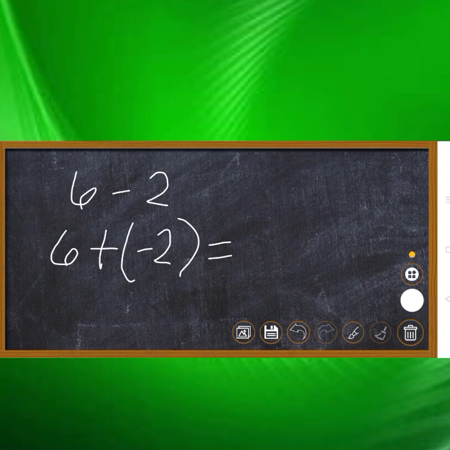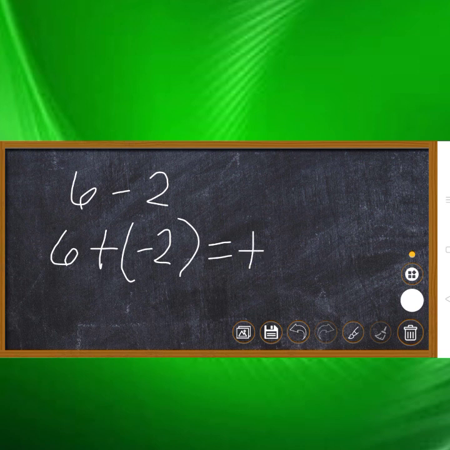As you see, they are different signs. Positive 6 plus negative 2. In adding integers with different signs, you need to take the sign of the greater absolute value. The greater absolute value here is positive 6, so the sign is positive.